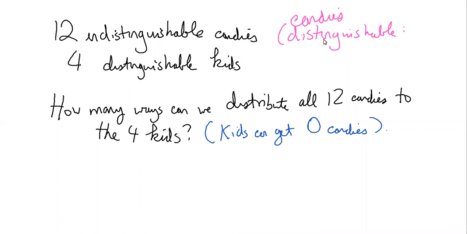You don't have to give me the actual answer. You can just give me the unsimplified version if you don't know what that number is, because I don't. It's a pretty big number. So this would be the distinguishable case. Do you remember how we do this distinguishable case?